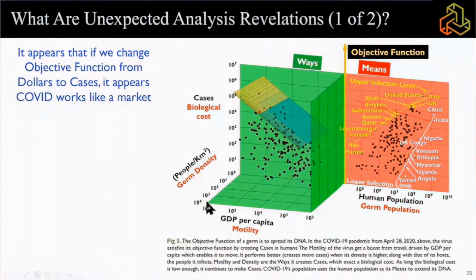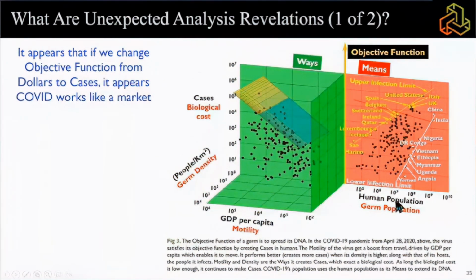And this is germ density here, so it's easier to see it this way: as the population increases, so too did the number of cases. That's because the germ density went hand in hand with the density of the targets.